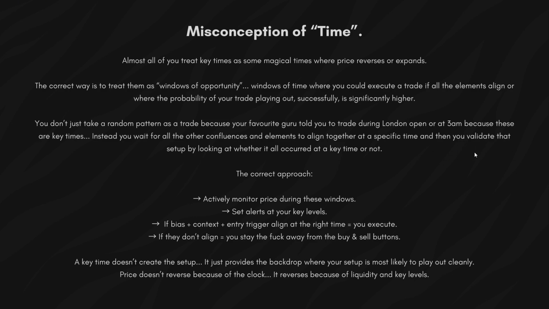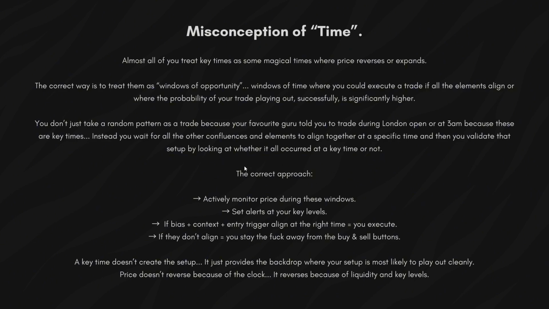Instead, it only validates the idea. You wait for the other confluences such as bias, context, and entry model to align, and then you look at the time. If it's a key time, then that acts as the last validating factor, and then you execute it. But if it's not a key time, then you invalidate that whole setup.